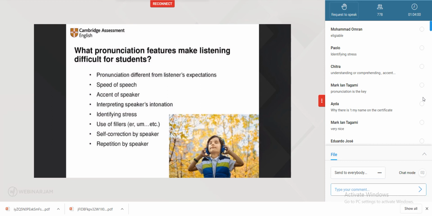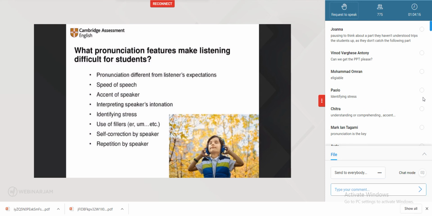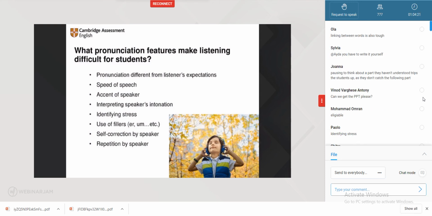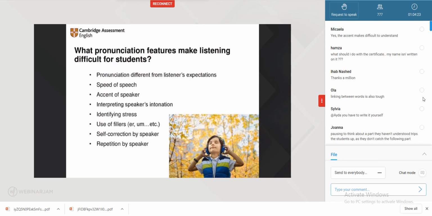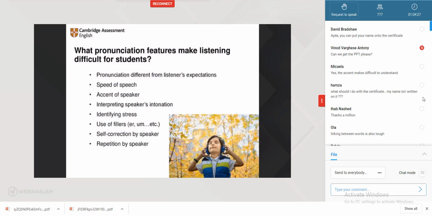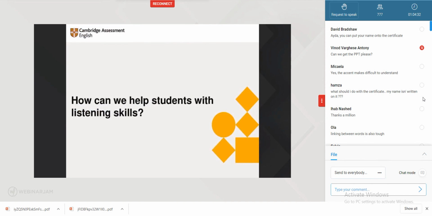Speed, as you all mentioned, intonation, and this becomes, again, more important, I think, definitely at C1. The effect that intonation can have on meaning. Identifying and understanding stress, which again feeds into the intonation, I think. Yeah, also use of fillers, self-correction and repetition can also be confusing if students are not prepared for that. Yeah, and repetition by the speaker, which we all naturally self-correct and repeat a lot.